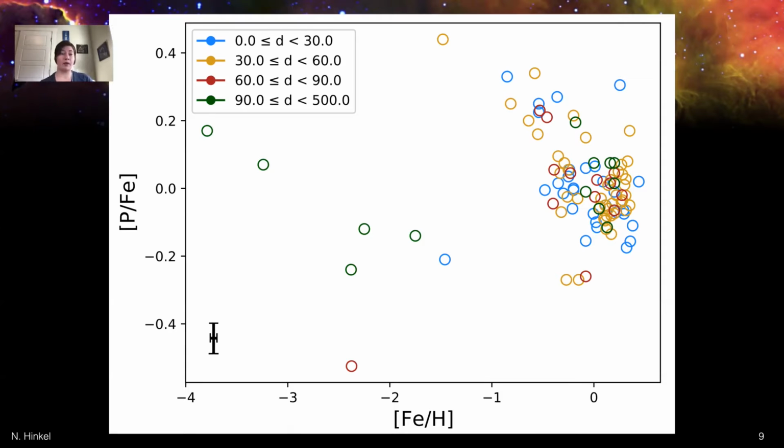I poured through all the different data sets to try to find phosphorus measurements, and this is as many as we have. This is it. So remember, the Hypatia catalog has about 9,500 stars, and yet only 100 have phosphorus measurements. That is something we will come back to.